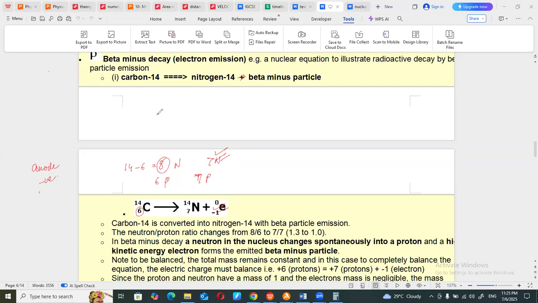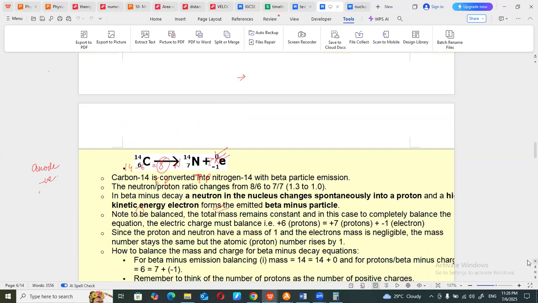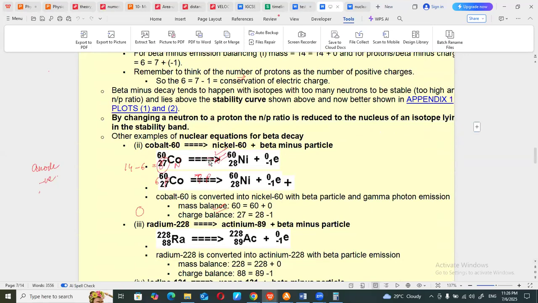Okay. So there is a decay in that manner. See, cobalt 27 converts into nickel 28, along with one beta particle. Same thing happened. Protons are increased by 1, while the number of neutrons is reduced by 1. The nucleon number remains the same.